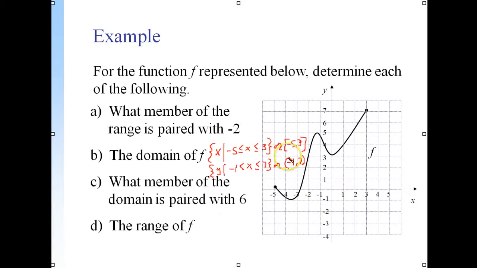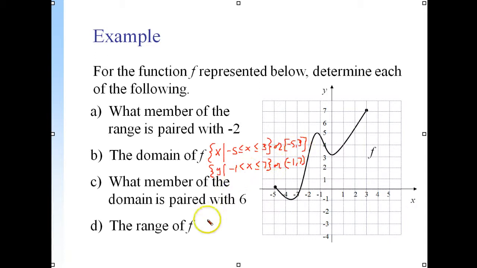And I see the textbook here, the slides are using set builder notation to indicate the domain. So we say that x is such that -5 is less than or equal to x is less than or equal to 3, or as we put it in interval notation.